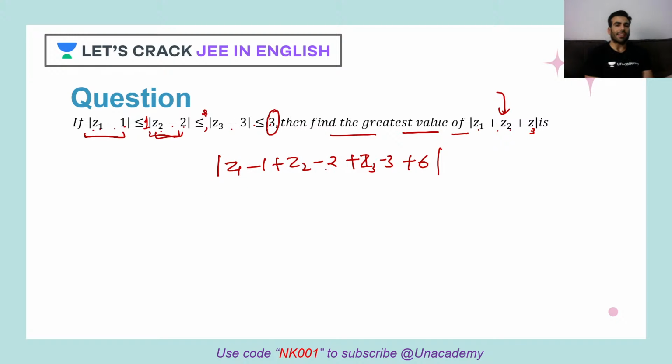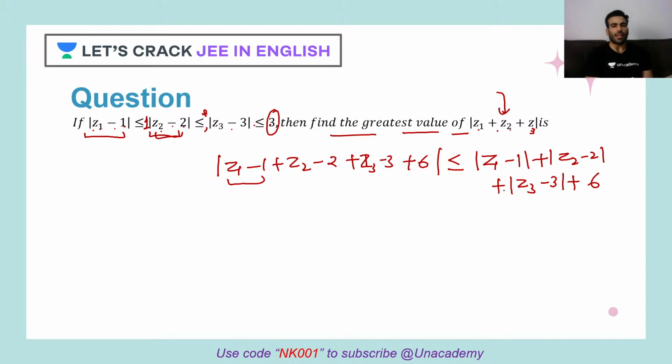When I can write like this, I know one property, the triangle property, if you remember: this is always less than or equal to the addition of the sides. So I'll consider this as one side, addition to another side, then addition to the third side, then we have the fourth side.